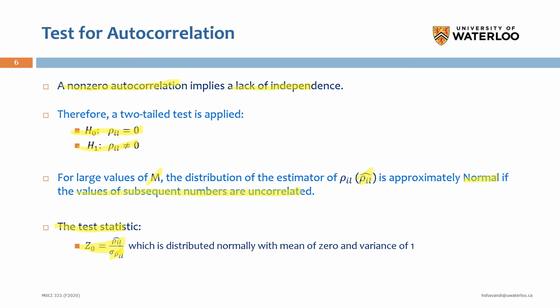Since it's based on the normal distribution with a mean of 0, if we divide that random variable by its standard deviation, then Z0 will be a standard normal distribution with mean of 0 and variance of 1.